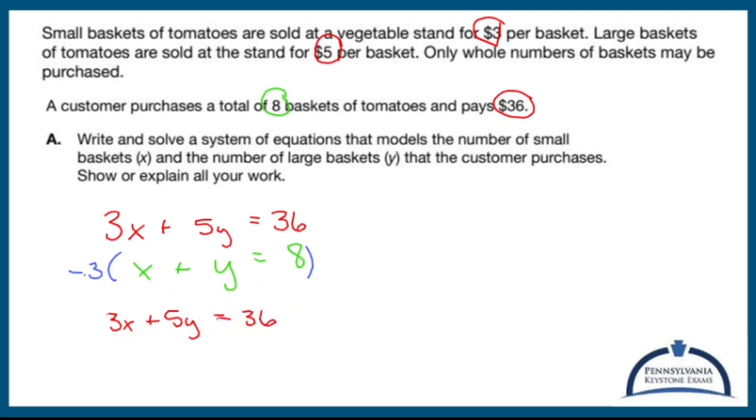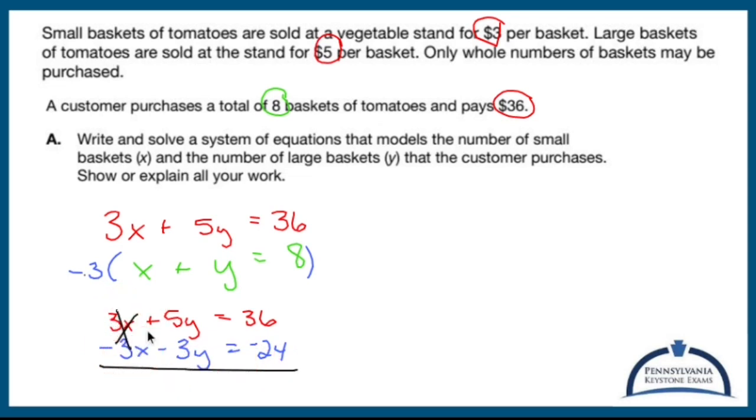And if I multiply the entire bottom row by -3, I have -3 times x, so -3x, -3 times y, so -3y, equals -3 times 8, which is -24. Okay, add those rows up.